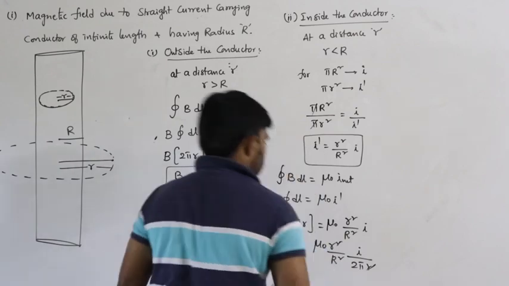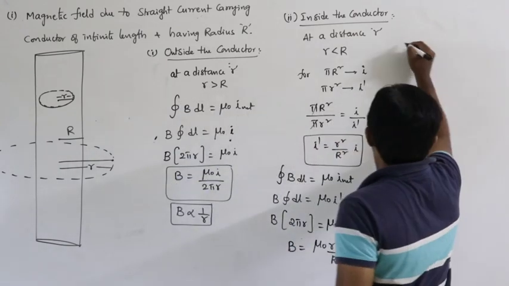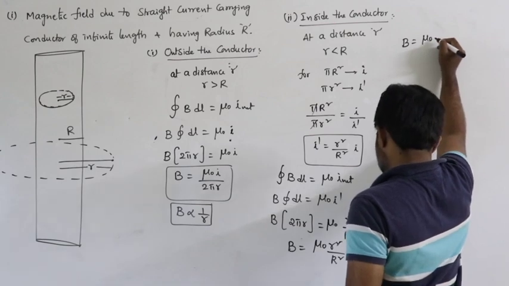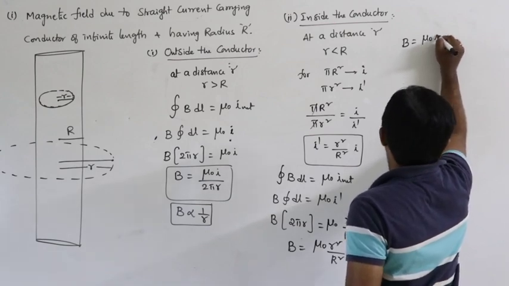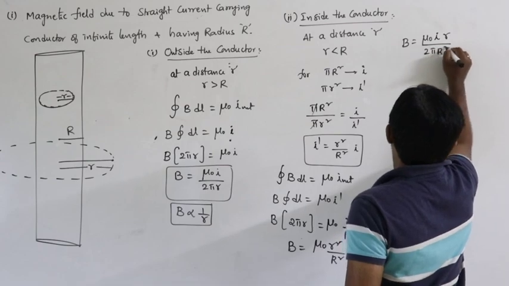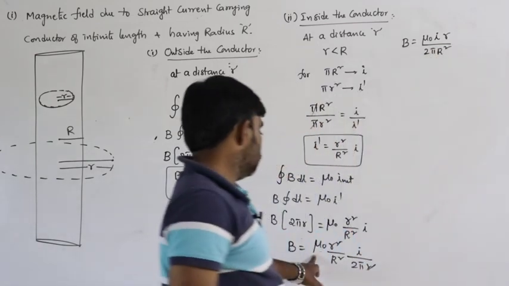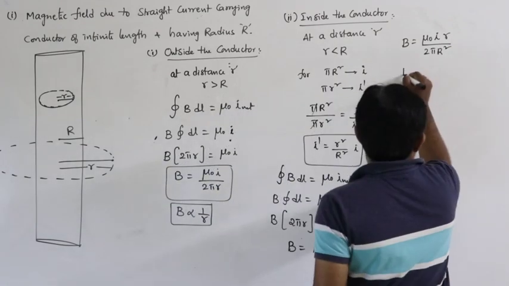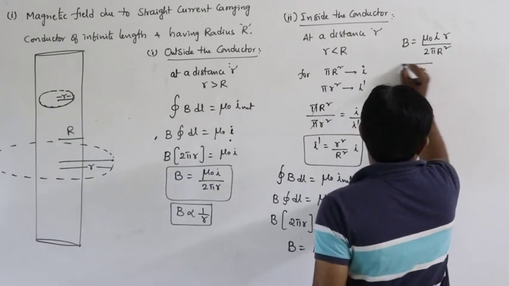One r gets cancelled. So B is equal to mu naught I into small r divided by 2 pi capital R square. From this we can say B is proportional to r.